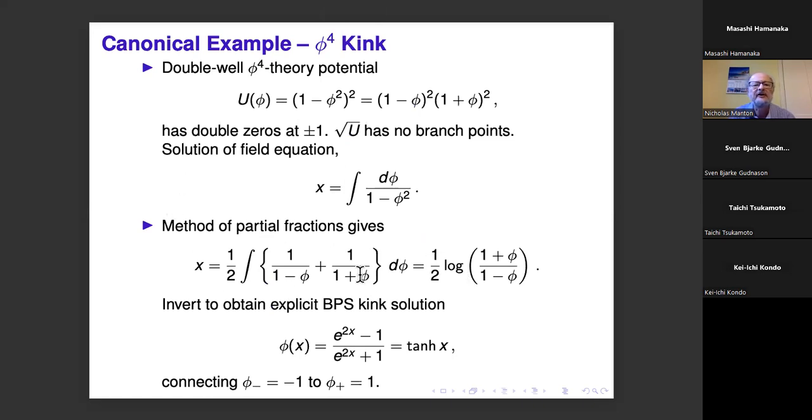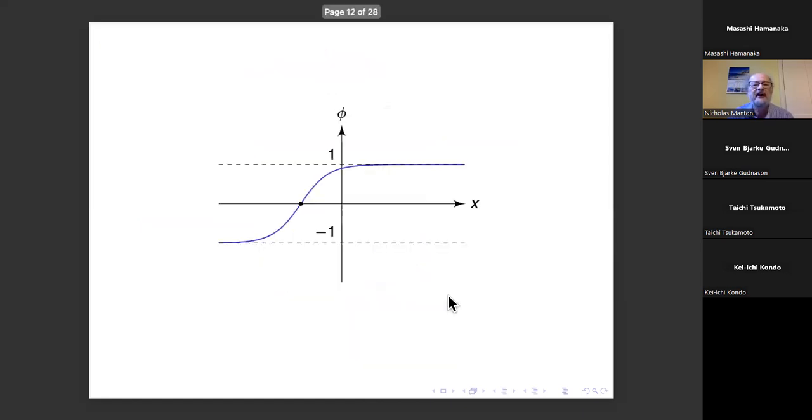When you do this integration, there's actually a plus a constant here, and that leads to a shift of x. So in all these solutions, there's always one constant of integration, which represents a shift, a translation of position. This picture shows the kink centered at this point, but you can translate it arbitrarily. There are solutions with arbitrary positions for the kink, but it's always the tanh shape.